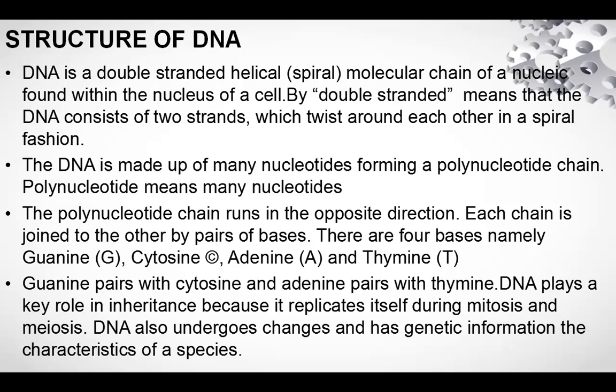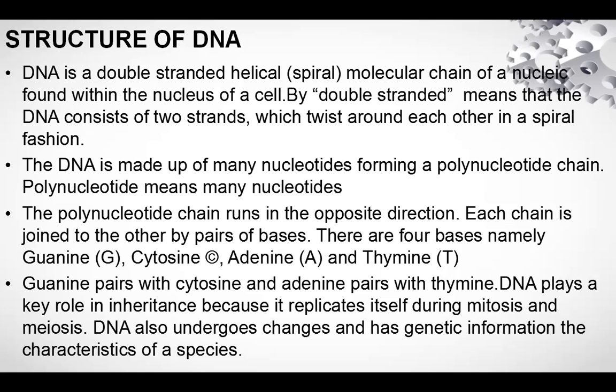Double-stranded means that the DNA consists of two strands which twist around each other in a spiral fashion. So the strands twist together in a spiral fashion, making the double strands. Now the DNA is made up of many nucleotides forming a polynucleotide chain, and polynucleotide means many nucleotides.